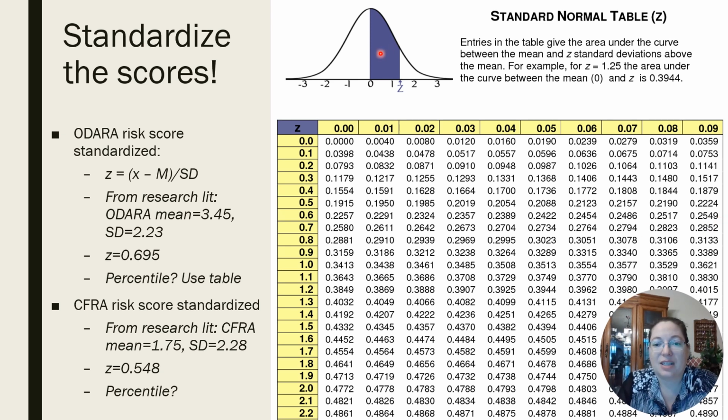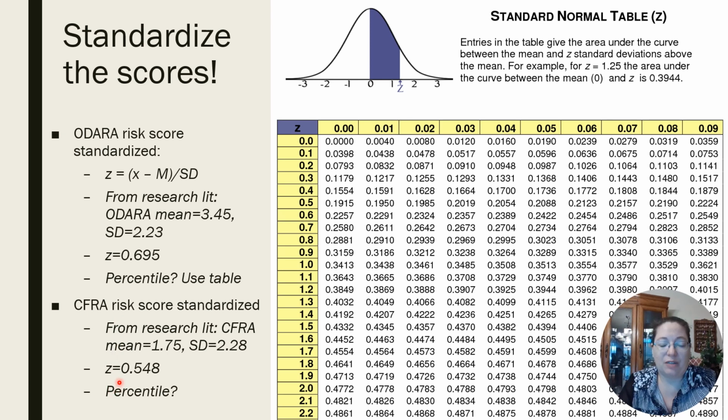So that means approximately 25% of people are between 0 and our risk score here, or as a percentile, we can add this other 0.5 to it. So 75%. Our family is at the 75th percentile for risk.